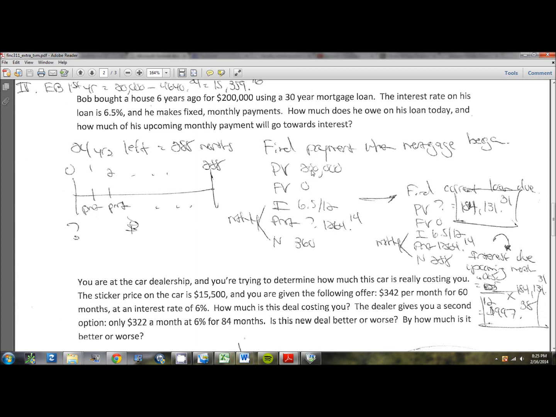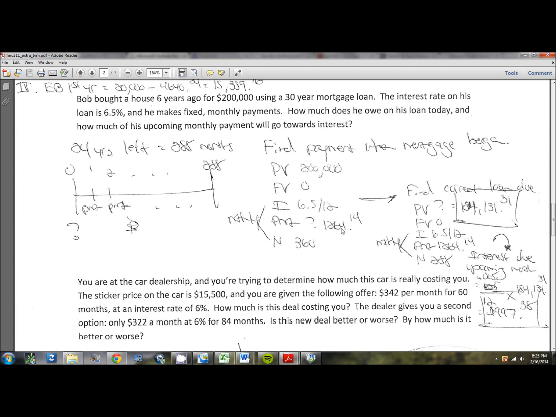Present value is the loan amount. It's going to be zero when he pays it off. You have your interest rate, your payment, and your N. Now these all have to be monthly because his payments are monthly, so your 6.5% has to be divided by 12. Your 30 years have 360 months in them. So from there you compute a monthly payment of $1264.14.